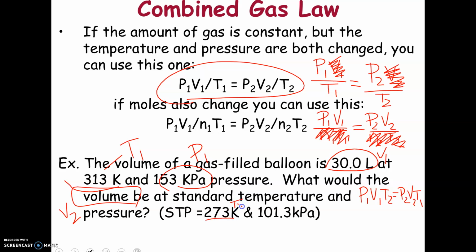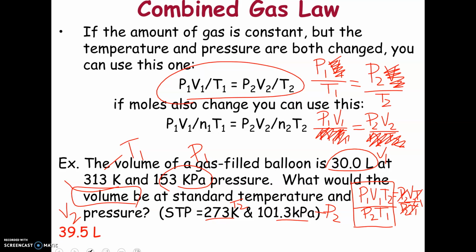So this is our T2, and this is our P2. So we would be solving for V2. What we would do is divide by P2 and T1. Cross these out, P2, T1. These would cancel. And to get V2, this would be our formula. And then we would just plug in our numbers. We'd put in our P1, our V1, our T2, sorry, and then divide by P2 times T1.